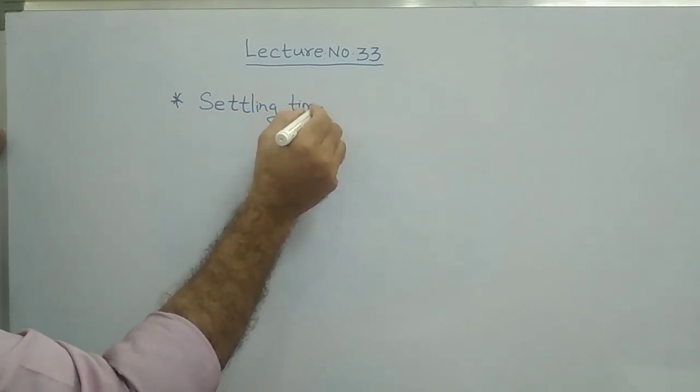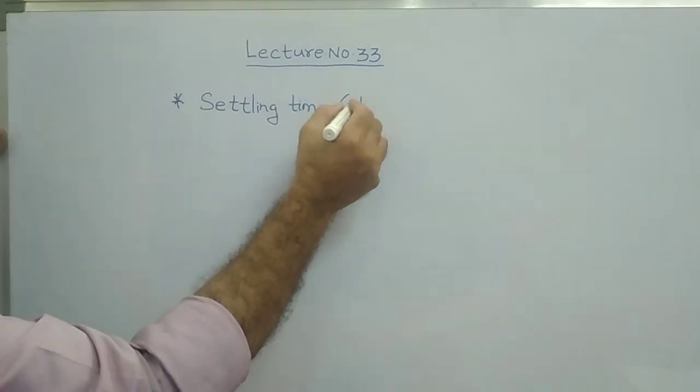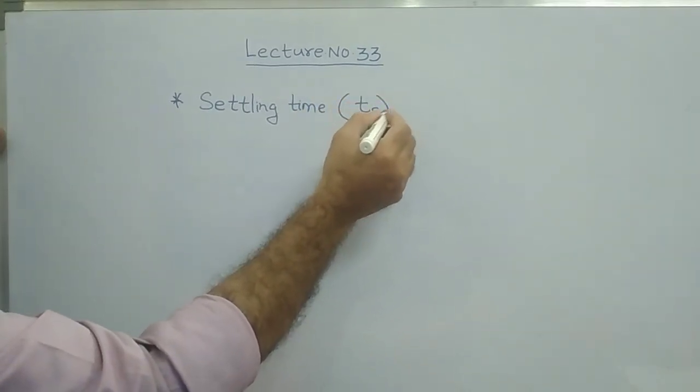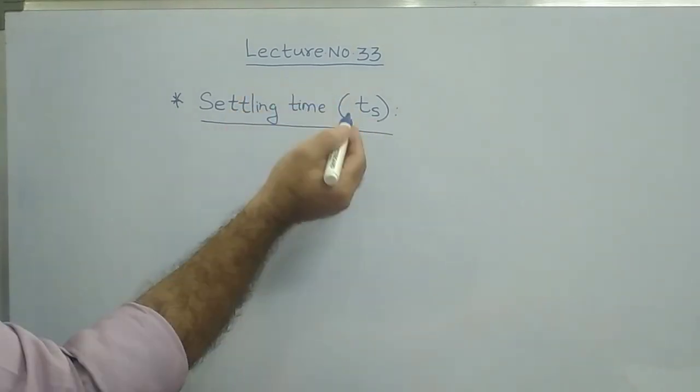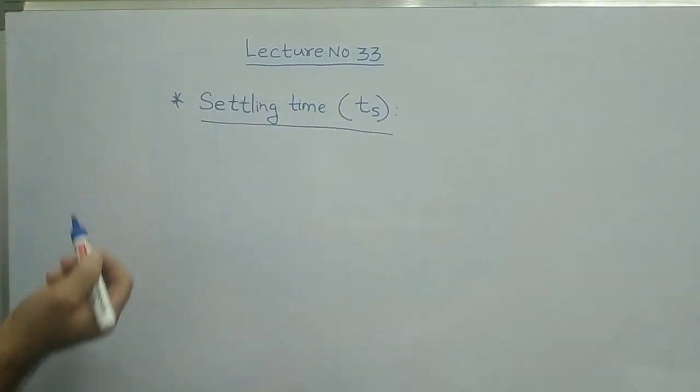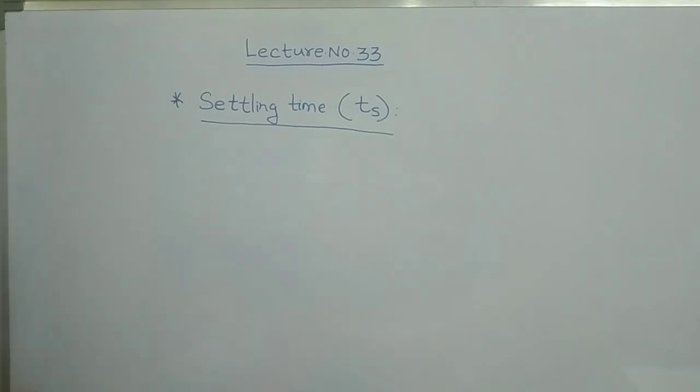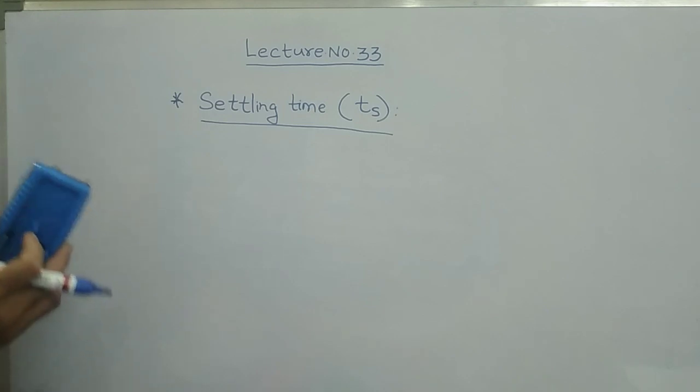So T suffix S, that is what? T is the time, S stands for settling. So this is called settling time. What is a settling time?